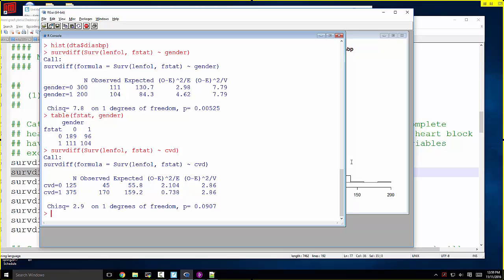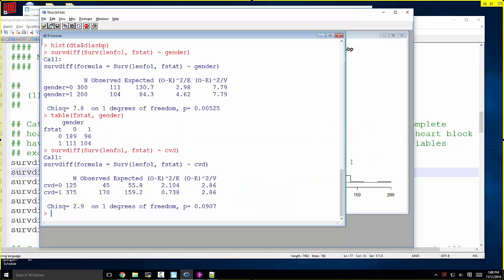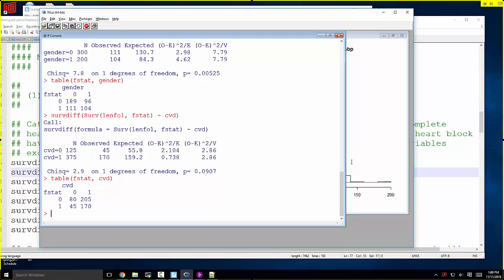Also a relatively small p-value, suggesting that there is an association between CVD and survival time. And we'll look at this one. Table. Reasonable number of events in each category of CVD.